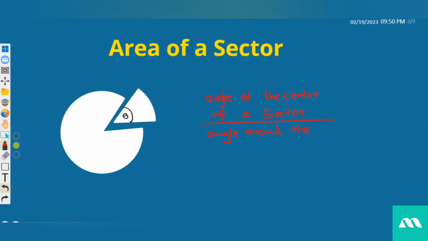The angle around the center is 360. Therefore, we can write it at once: angle over 360 multiplied by pi r squared. This is the area of a sector.